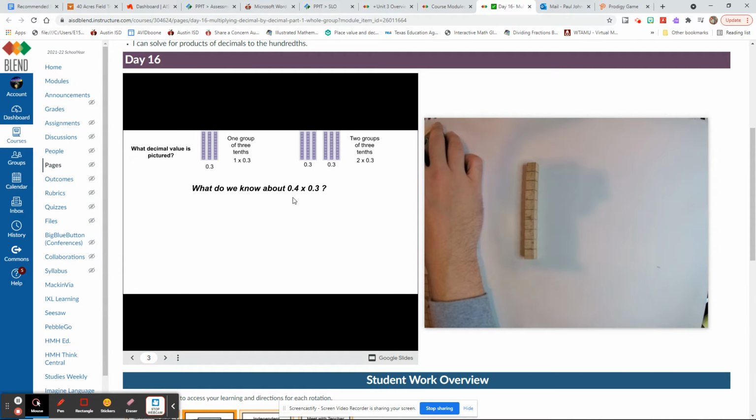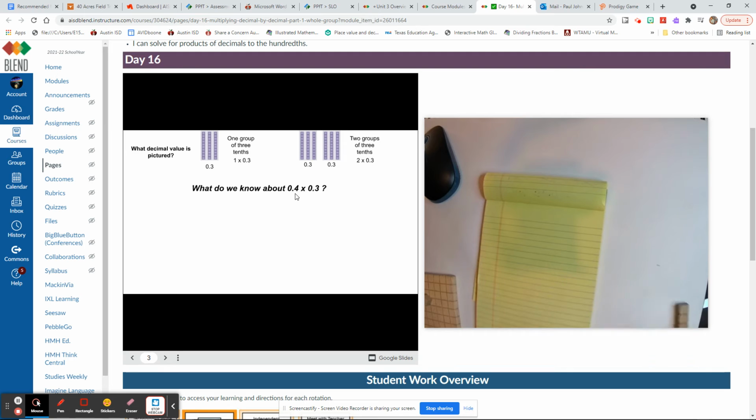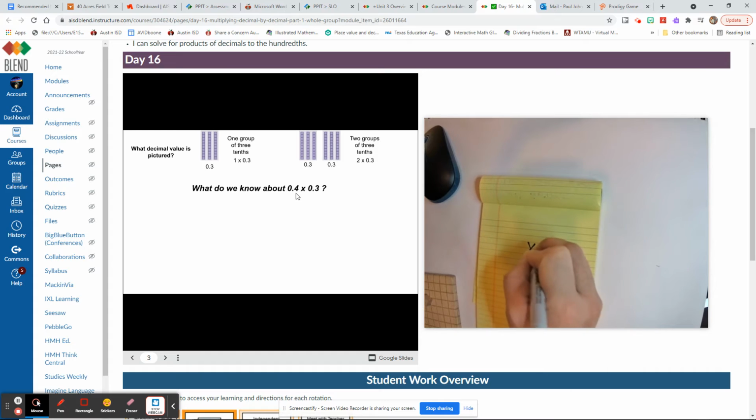Now it says, what do we know about 4/10 times 3/10? The first thing that I'm going to tell you that should help you with your understanding of multiplying decimals is that the multiplication sign basically means "of," like the word of.